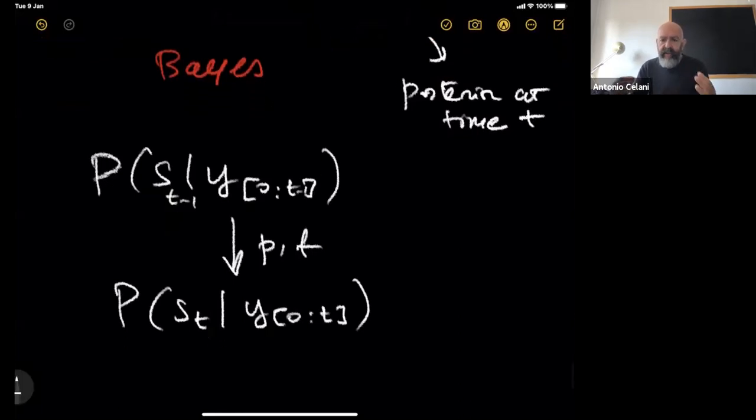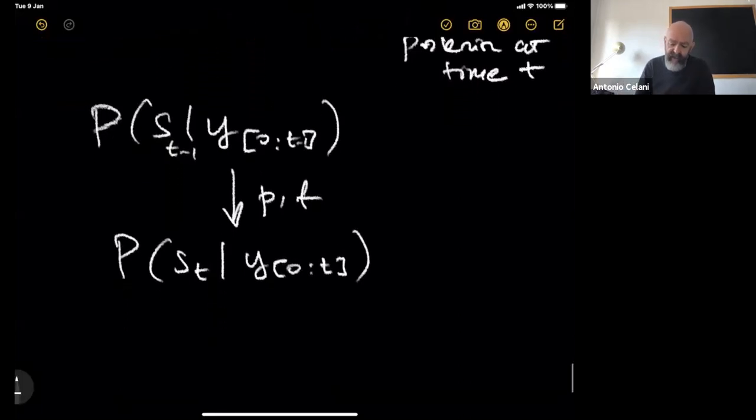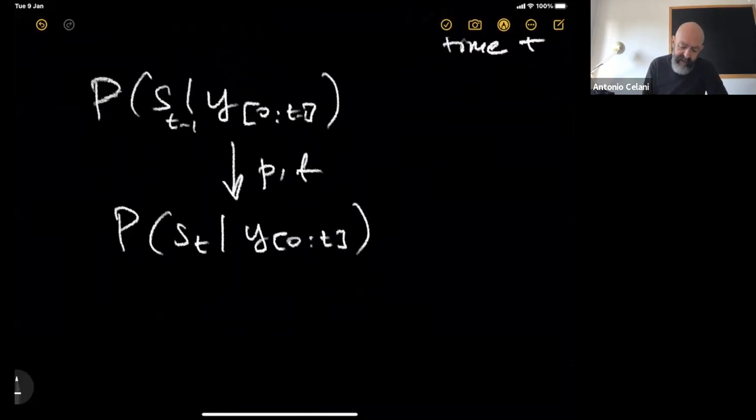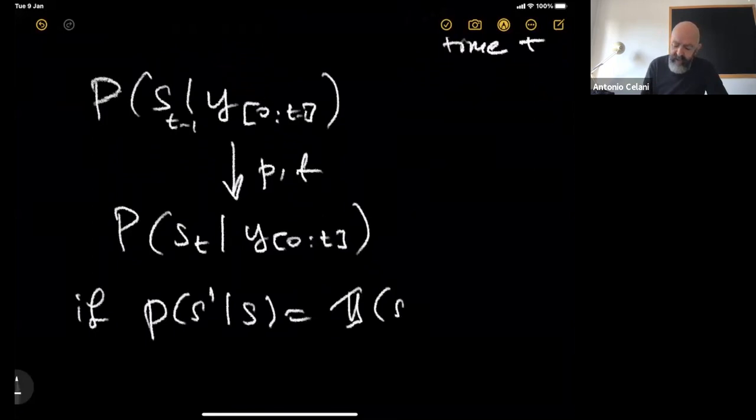So just to make things more familiar to you, let's consider one simple case. That is, if the transition probability is just the identity. So your underlying Markov system is actually not changing states. It's always sitting on the same state.